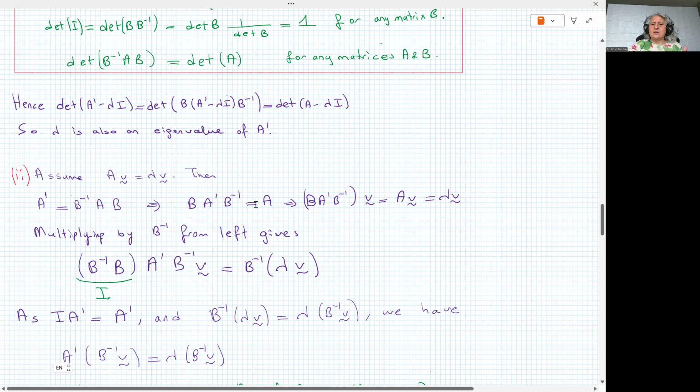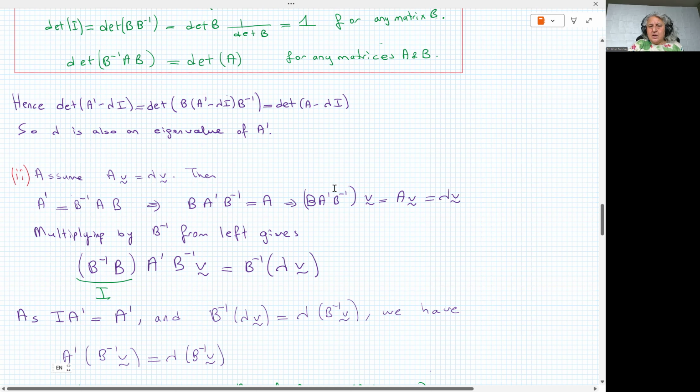If we have this, by multiplying B inverse from this side, as we've done in the first part, we will be able to obtain A prime B inverse is A. Now, since V is the eigenvector, if I multiply V on this side, then because of this equality, I will have lambda V on the right-hand side, and I still have this on the left-hand side.